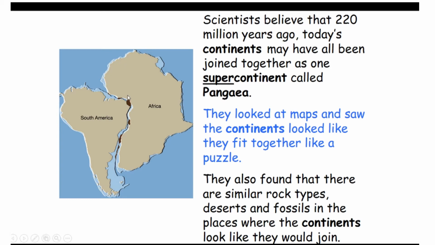If you look at that on a map, you can see how, although they're not connected nowadays and there's a big ocean in between them, they look as if they could fit together, and scientists think that they were. And they can prove it because they've found very similar types of rocks in both places, and similar fossils of creatures that lived in both places.